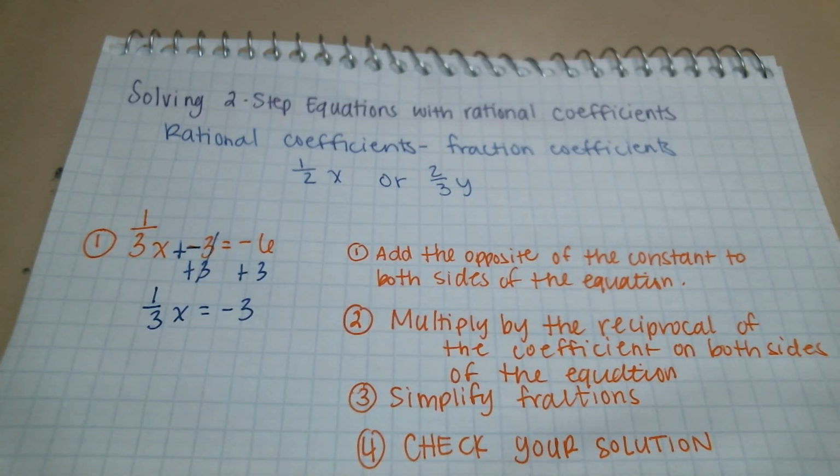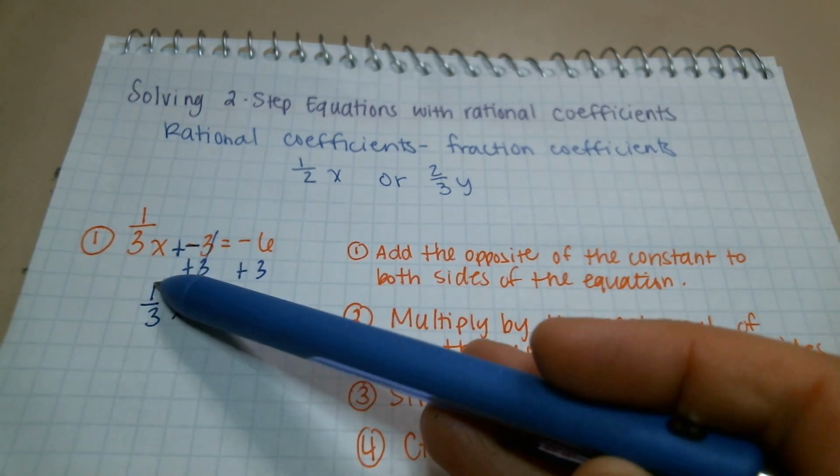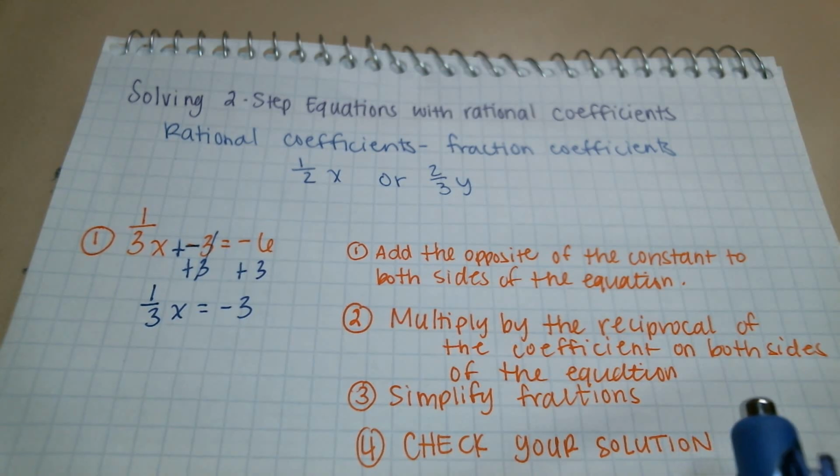Now, previously, when we were solving just the two-step equations, we would divide by this coefficient, but I don't want to do that in this case because then I've got complex fractions, 1/3 over 1/3 or -3 over 1/3, and that just tends to get really messy.